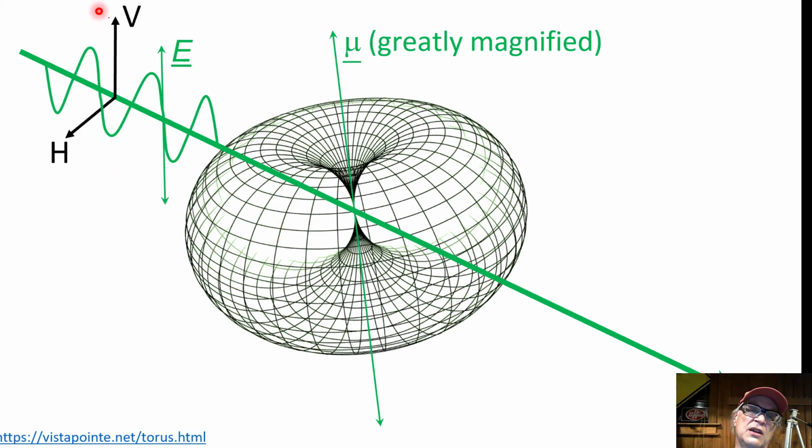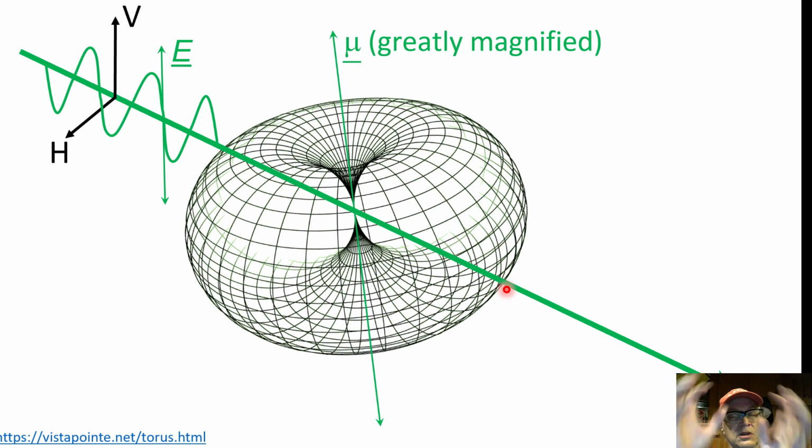So I send in vertically polarized incident light, and I look only at the horizontally polarized light in the detector, and lo and behold, there's something there, because the molecule grabbed the light, and when it re-emitted it as radiated light, it gave it a little bit of a horizontal component.